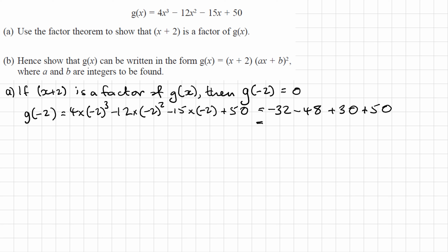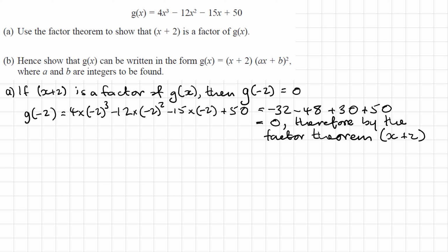Now negative 32 minus 48 is negative 80, plus 30 is negative 50, plus 50 is 0. So we can say, therefore, by the factor theorem, x plus 2 is a factor of g of x.